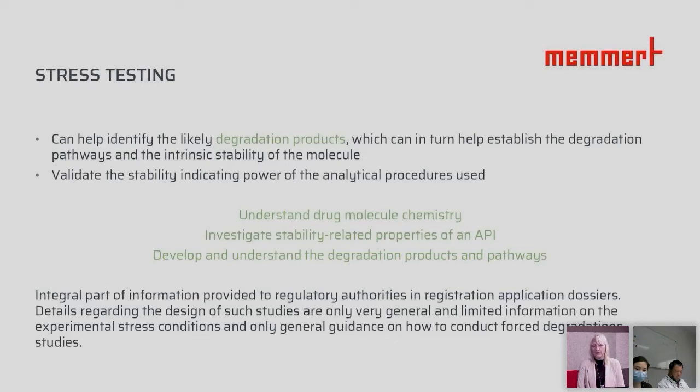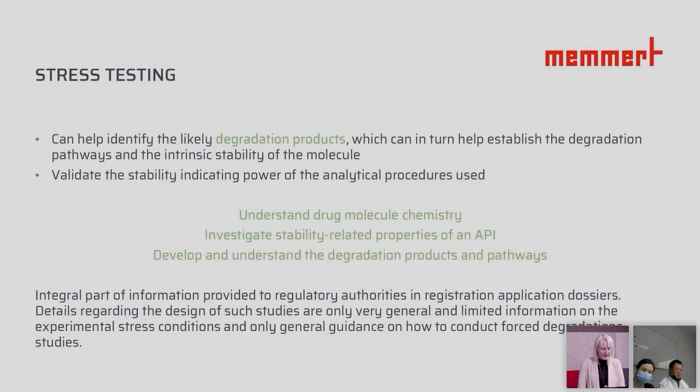So here it is very important that we know about the behavior of the molecules, that we understand the chemistry of the molecules, to investigate the stability-related properties of an API, and develop and understand the degradation products and pathways. That is important because based on this information, we can go on with our studies on the product itself. And then we also will know exactly how it is going to change, what we have to consider.